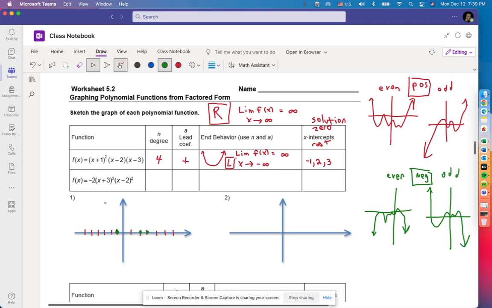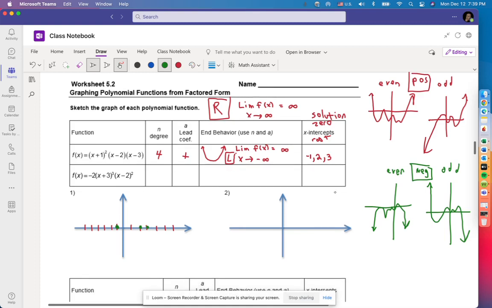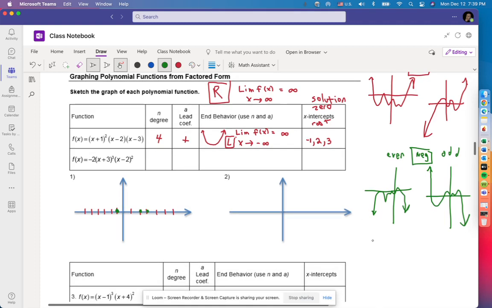I look at each multiplicity. Notice the -1 solution has a multiplicity that's even. If y'all remember, if you have an even multiplicity, remember it bounces.